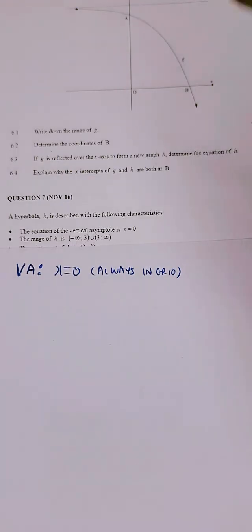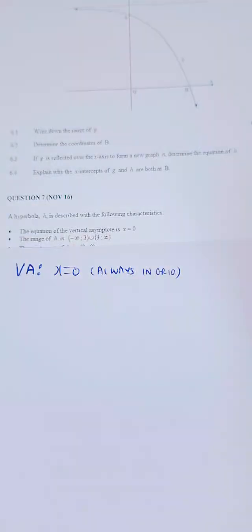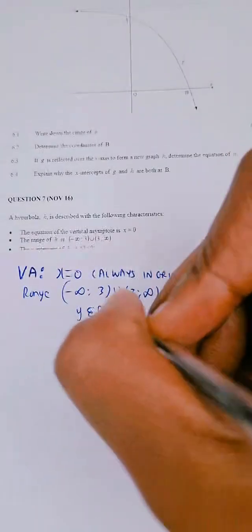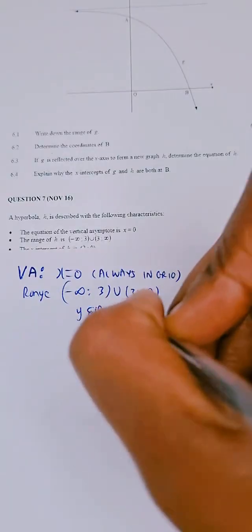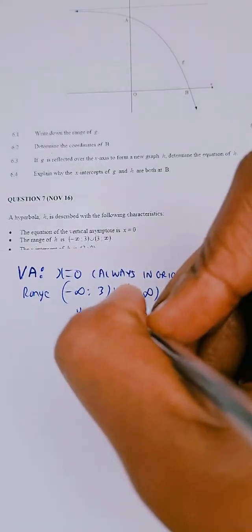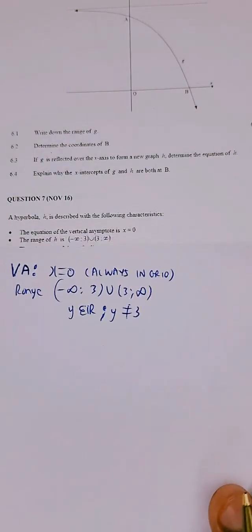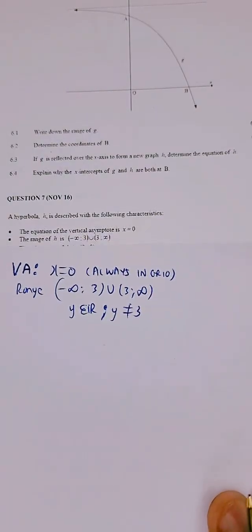When they say the range is negative infinity to 3 or from 3 to positive infinity, this is no different from saying y is an element of real numbers, but y cannot be 3.